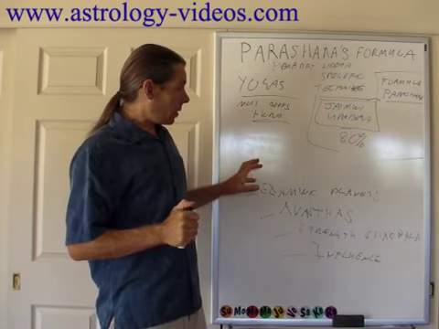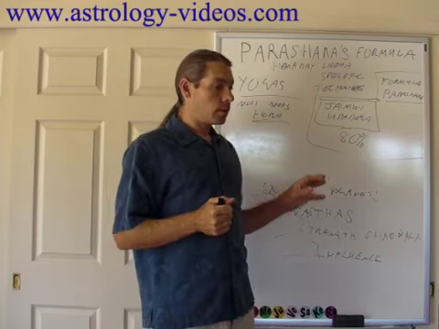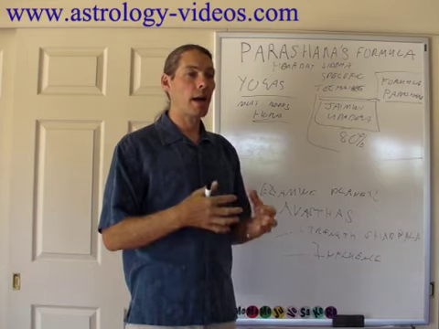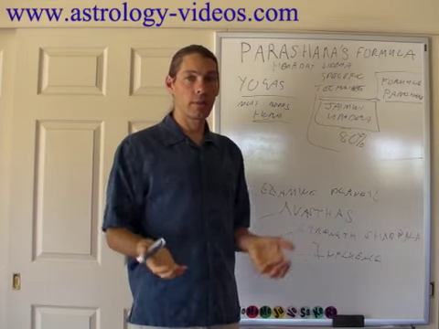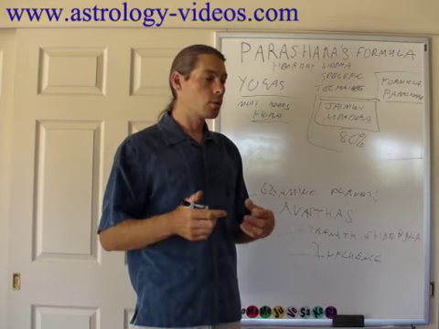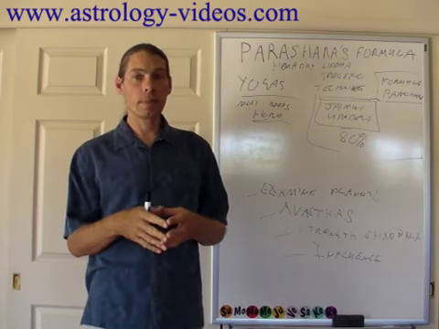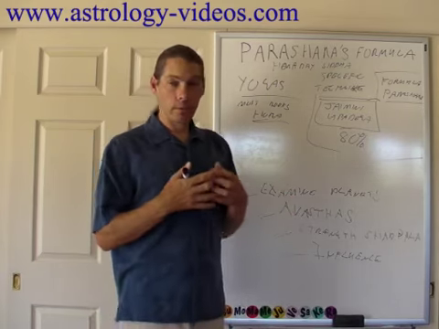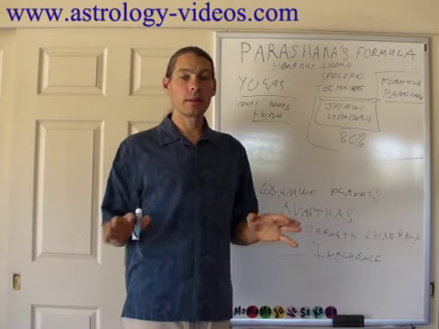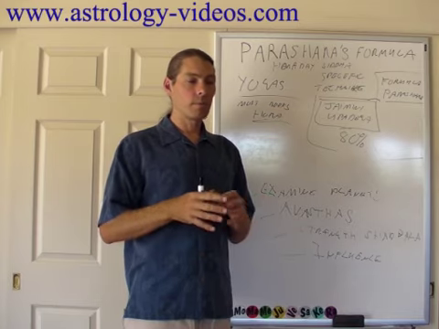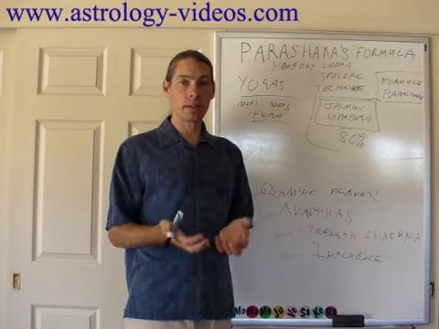So finally, after 8 years, I'm satisfied with the way I'm adding and subtracting all these different things in Parashara, to where this Parashara class that we're teaching now is going to be it for me. When I'm done with this class, it's done. I don't see any other ways of making it any more accurate than what I'm going to teach you now.